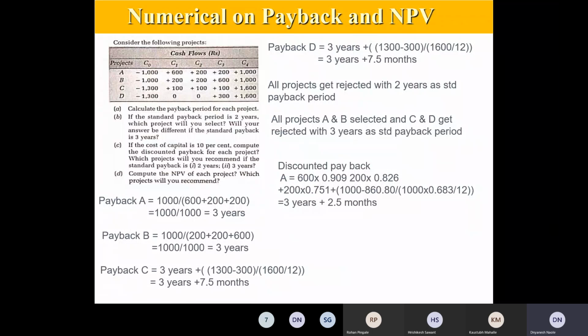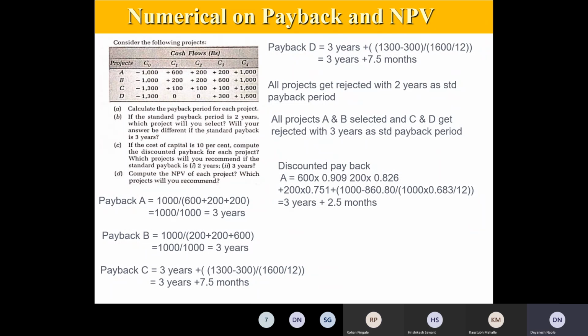So can you find it out for B on the similar lines? What is the discounted payback period for B? Those present value factors are going to remain same, only the cash flow value will change.